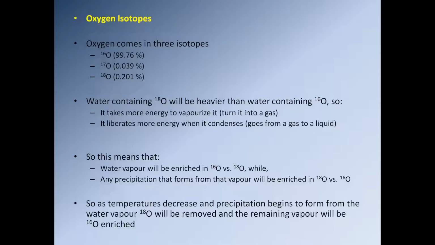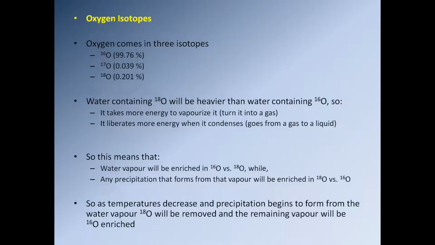The first thing that happens is the sunlight hits the oceans, and that's going to cause water from the oceans to evaporate into the atmosphere. That's the first stage. Amazingly, because oxygen 18 is just that little bit heavier, it is more difficult to make a water molecule containing oxygen 18 evaporate compared to a water molecule of oxygen 16.